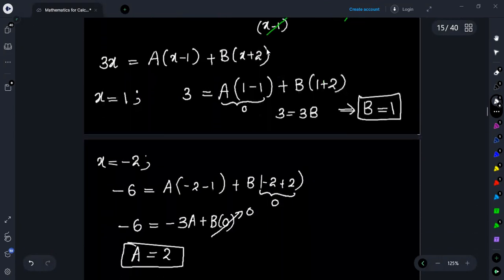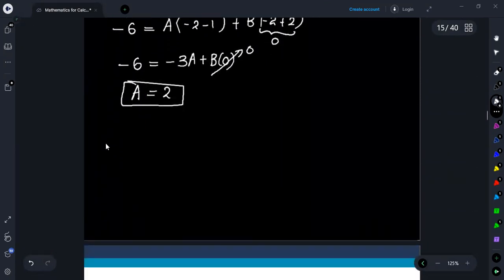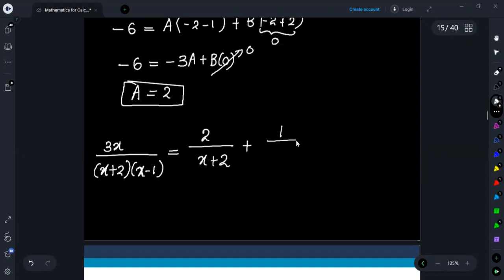So we can write the final answer: the fraction we were asked to decompose, 3x over (x plus 2)(x minus 1), is equal to a over x plus 2 plus b over x minus 1, where a is 2 and b is 1, that is 2 over x plus 2 plus 1 over x minus 1. So with that, we have the answer for the first example.